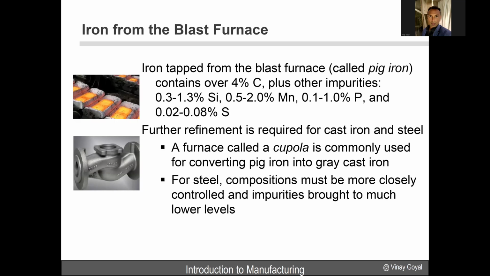So iron can be tapped from the blast furnace, and further processing is going to be needed for the cast iron and steel. A furnace called a cupola is commonly used for converting pig iron into gray cast iron. For steel, compositions must be closely controlled and impurities have to be brought to very low levels.